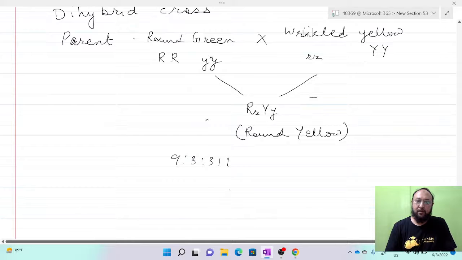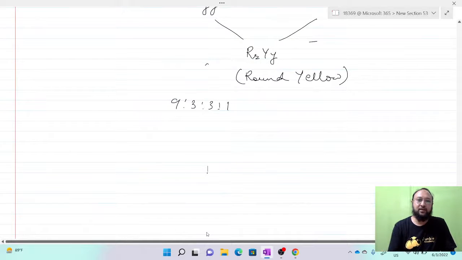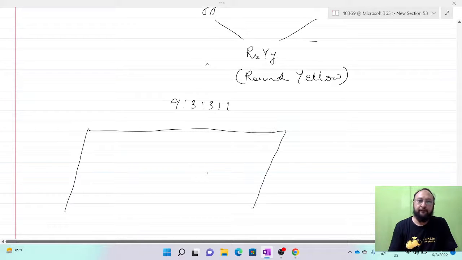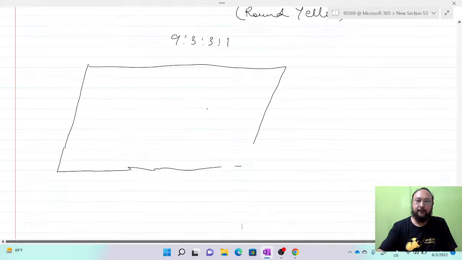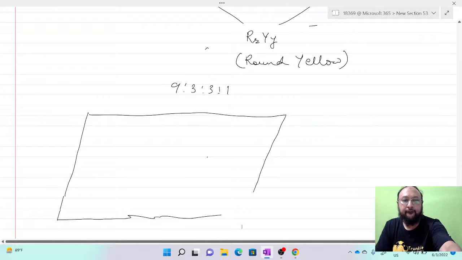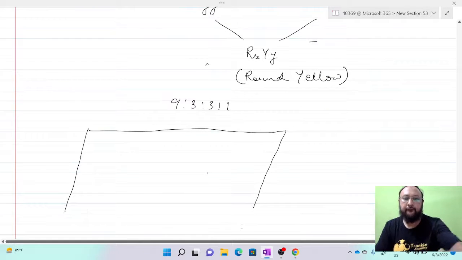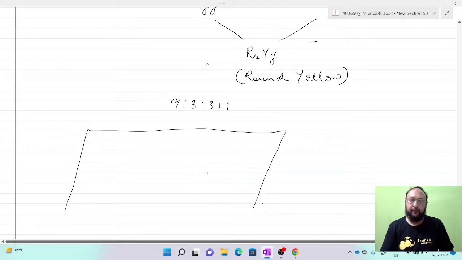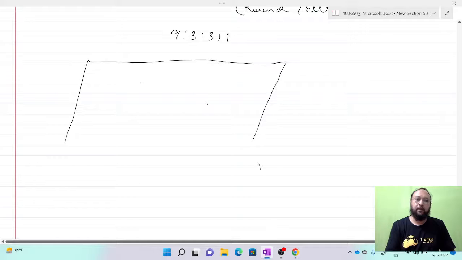Or I can draw the Punnett square, the checkerboard, now. You can see this one.